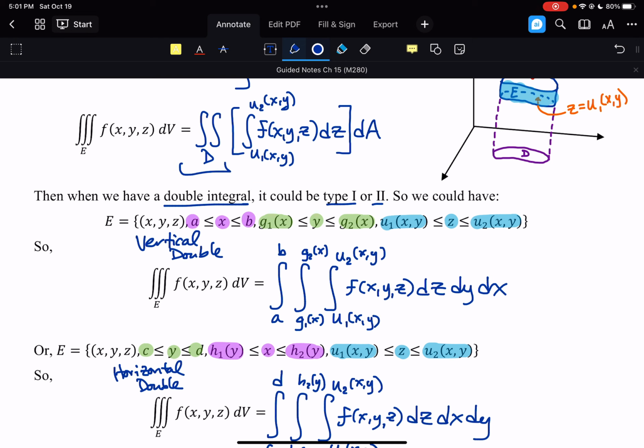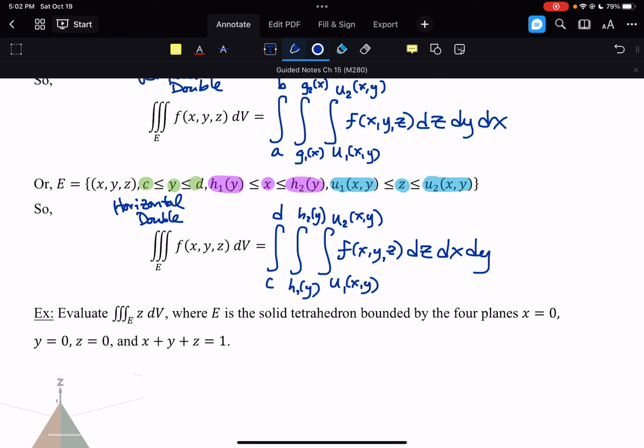I think that makes it a little bit easier to visualize and a little bit less pressure to try to set up the whole thing all at once at the beginning. You can set them up all at once, but I think it's a little bit simpler, more straightforward to just do the first integral first, get the 3D part out of the way, and then go back to just a regular double integral problem after that.